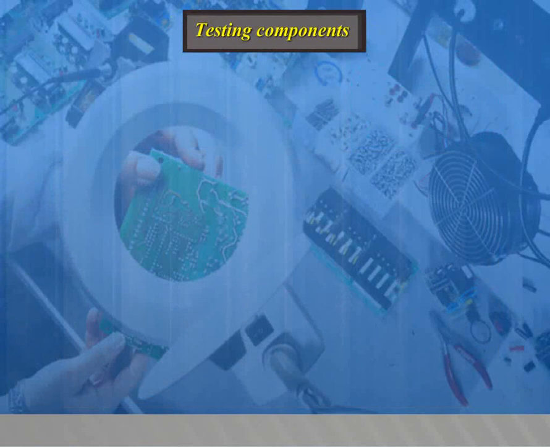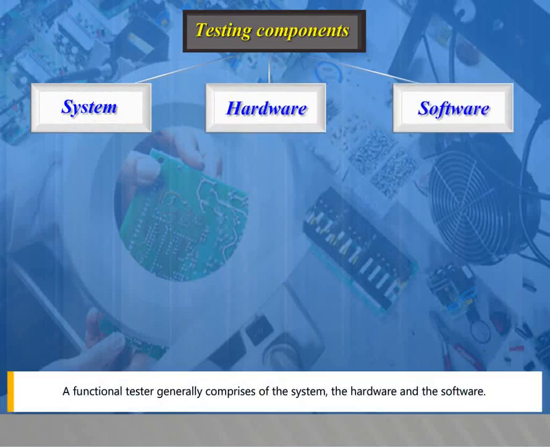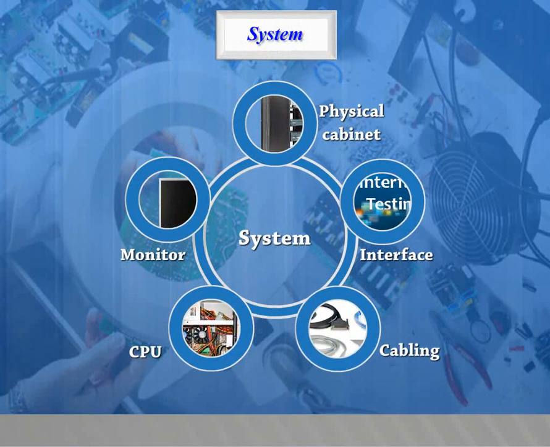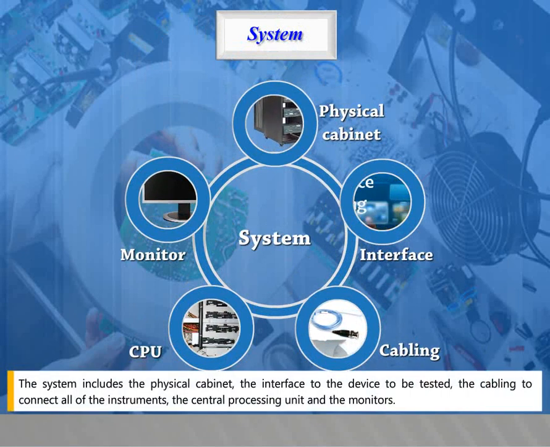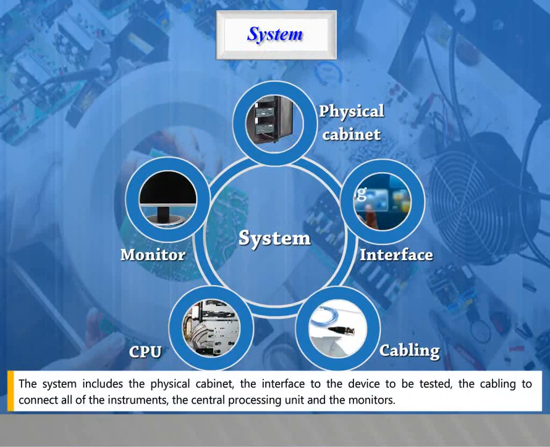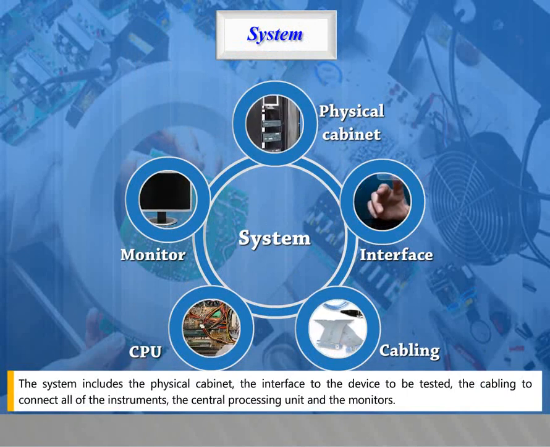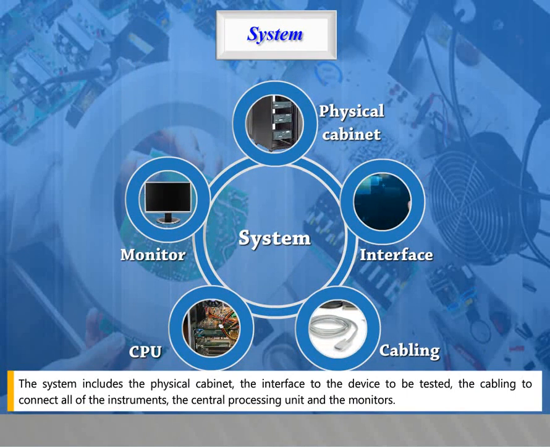Testing components. A functional tester generally comprises the system, the hardware and the software. System. The system includes the physical cabinet, the interface to the device to be tested, the cabling to connect all of the instruments, the central processing unit and the monitors.